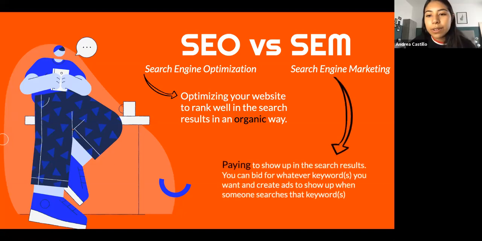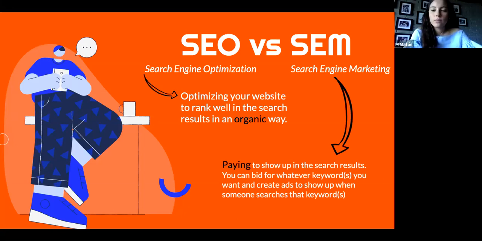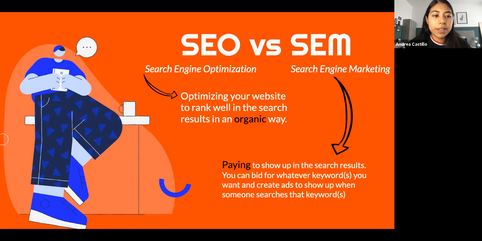So now we also have SEM, which stands for Search Engine Marketing. And this is the process of paying to show up in the search results. There are a lot of terms you might hear that all refer to paid search, like Google Ads or SEM. At a high level, an advertiser can bid for whatever keywords they want and create ads to show up when someone searches for the keyword.